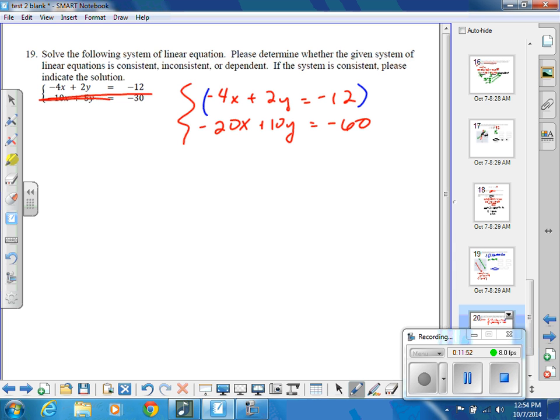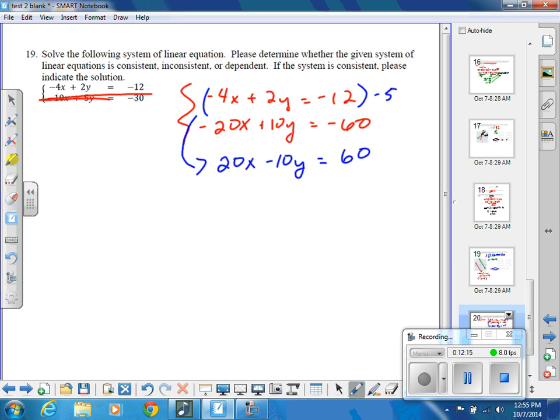Because I want to get 1 plus, 1 minus. Multiply that by negative 5, bring it on down. So I get 20x minus 10y equals positive 60. Well, hang on a minute, they're the same thing, except they're opposite. Sorry about that. So whenever I go to add these, we'll see what happens.